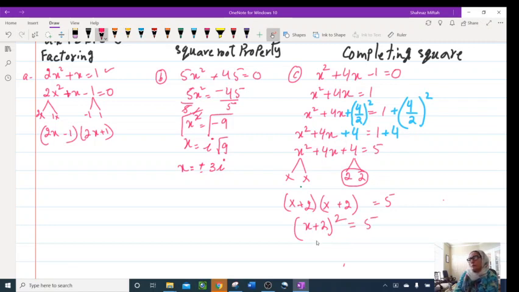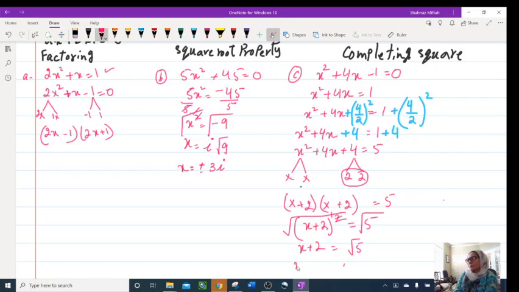Now I can apply my square root property to get rid of the square and get the x by itself. So I can square root that, and I can also square root this. The square and square root cancel, so I'm left with x plus 2 equal square root 5. Square root 5 is not a perfect square anyway.